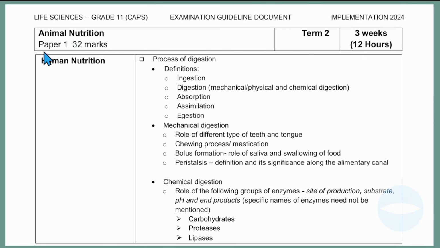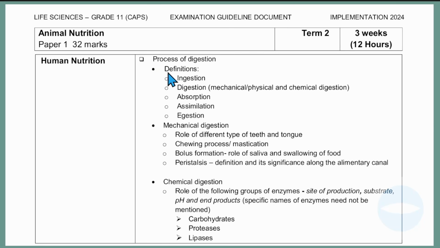Animal nutrition falls under paper 1, which accumulates 32 marks. Today in this video we will be focusing on this content here. Let me read what we will be looking at. We will be looking at the processes of digestion.